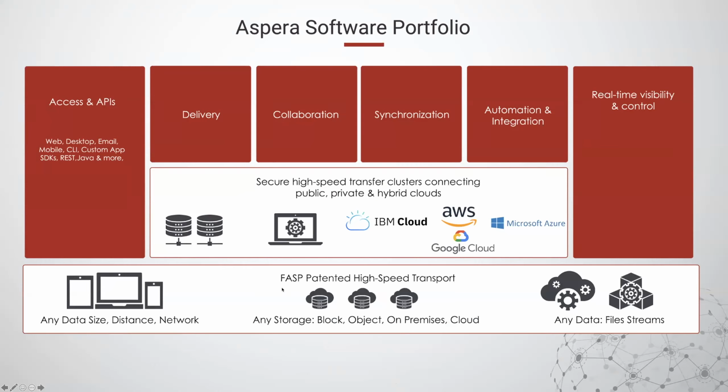There's a server-side component here in the middle called a high-speed transfer server that you would typically deploy on-premise, on a Linux server in your data center, or you can deploy this in a public cloud, right? So there's cloud support for object storage in AWS, for S3 storage, or the IBM Cloud, Azure Cloud, Google Cloud. These are all built-in capabilities that the Aspera Transfer Server has.